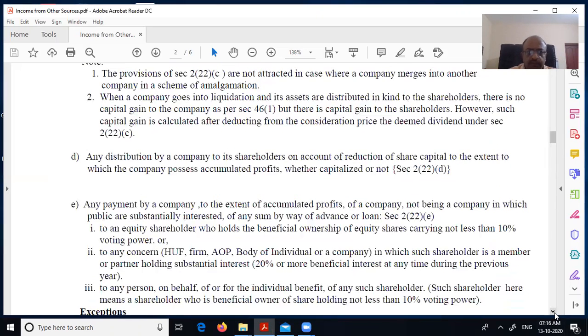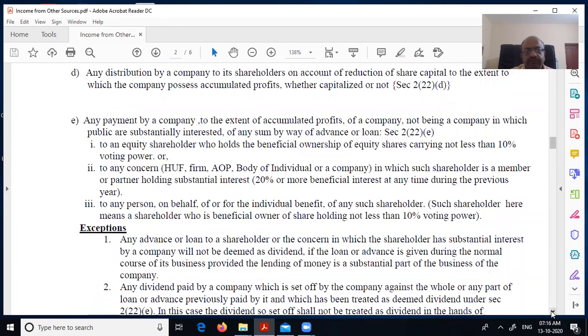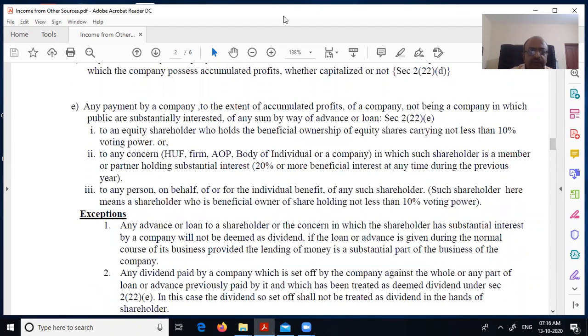That's why I'm going to make it a little bit big so that you are awake. Any payment under section 222E subsection E. See, any payment by a company to the extent of accumulated profit, of course, only up to the extent of a company, not being a company in which public are substantially interested.